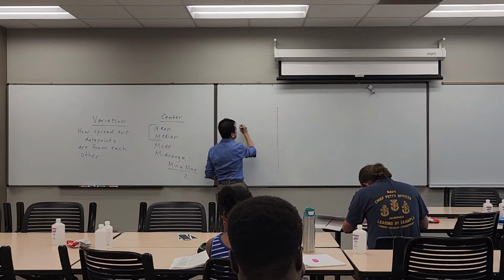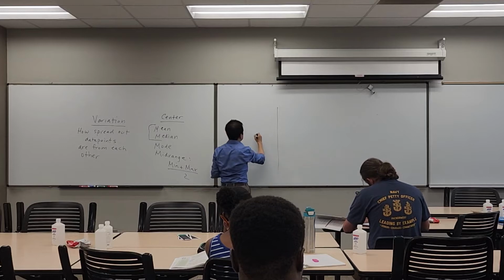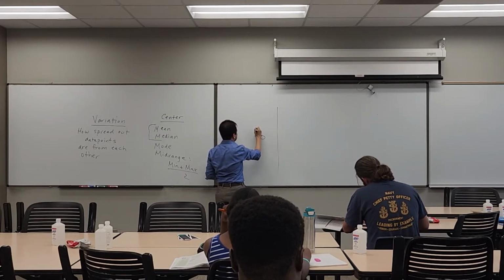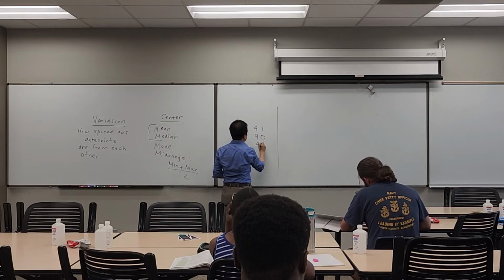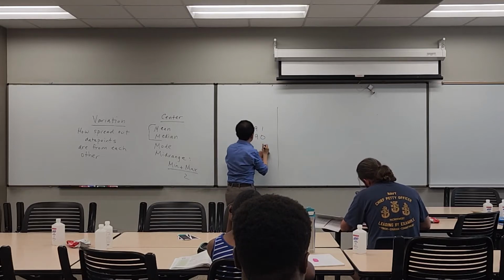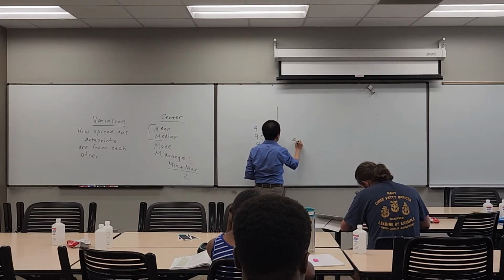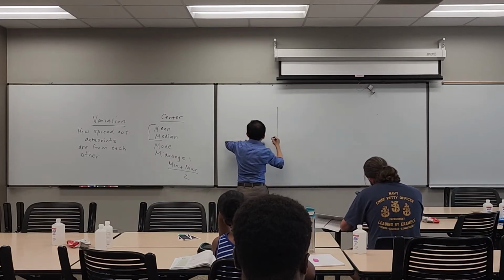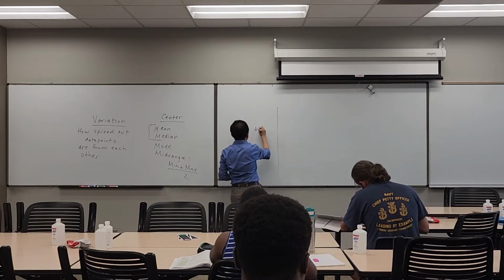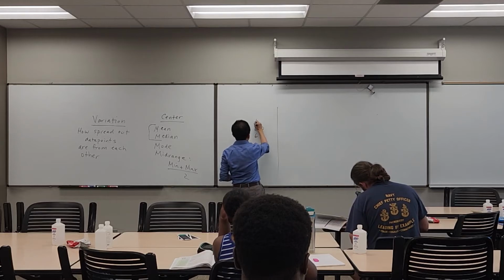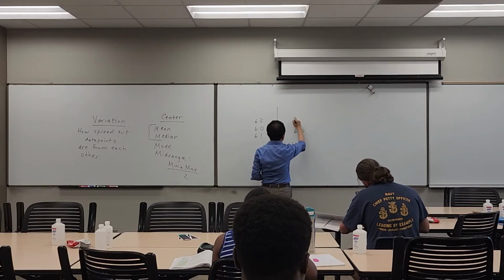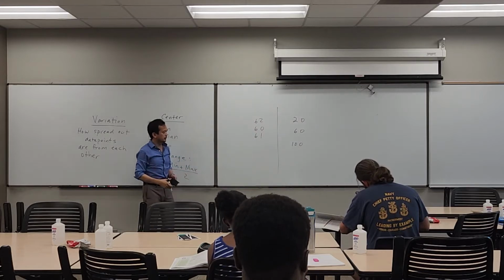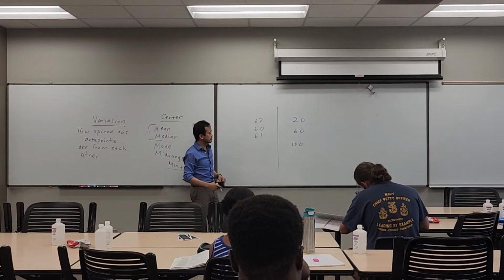So let's say that we have 2 data sets, each one only having 3 values each.